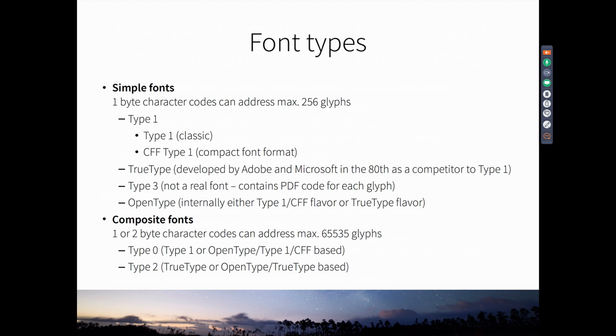And 1 byte means you can have a total of 256 glyphs, which is far enough for Latin character sets, but as we all know, far from enough for Asian fonts, or if you want to support several Asian languages with just 1 font.